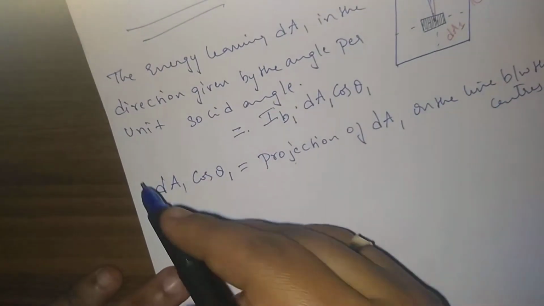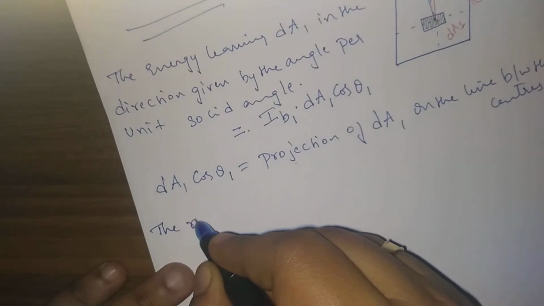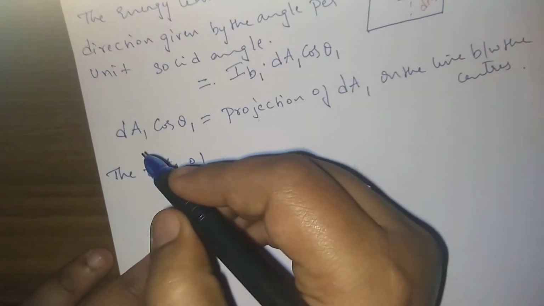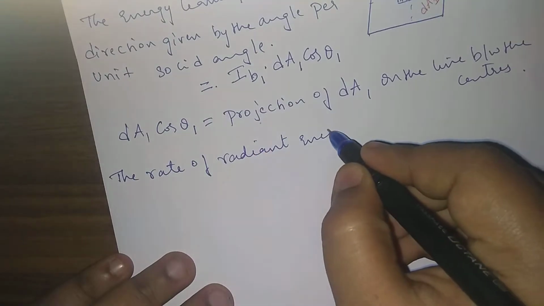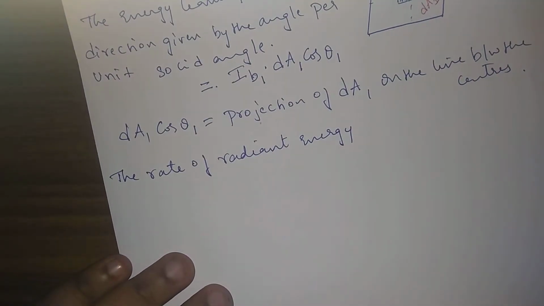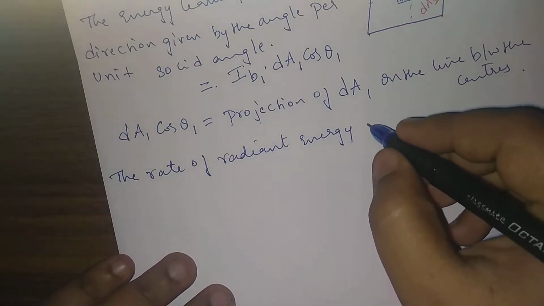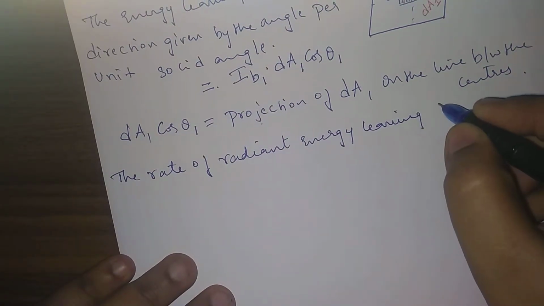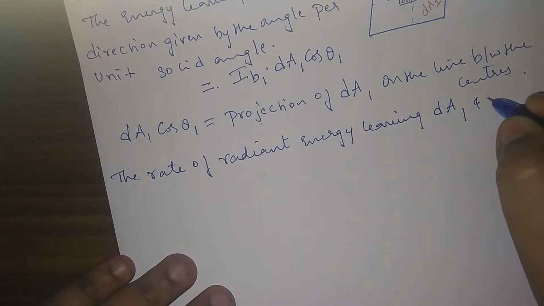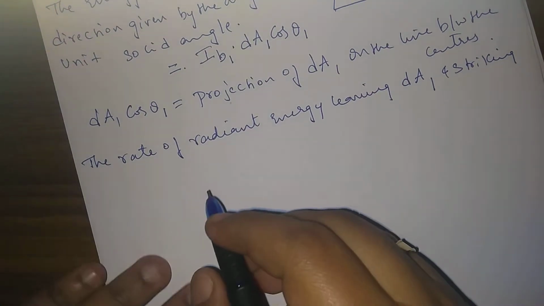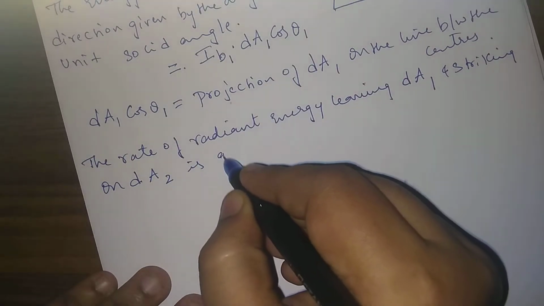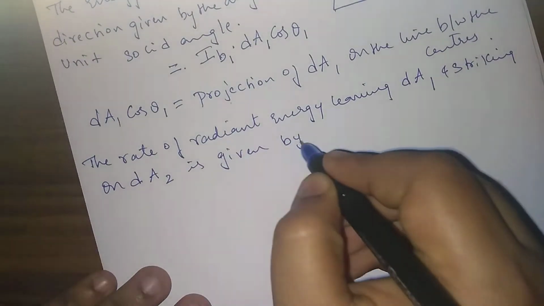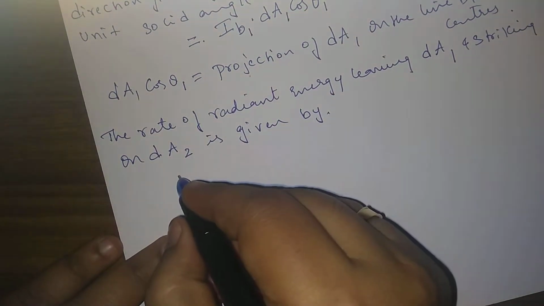each of the bodies. Now you write down the rate of radiant energy leaving dA1 and striking on dA2 is given by, just see, I'll write it.